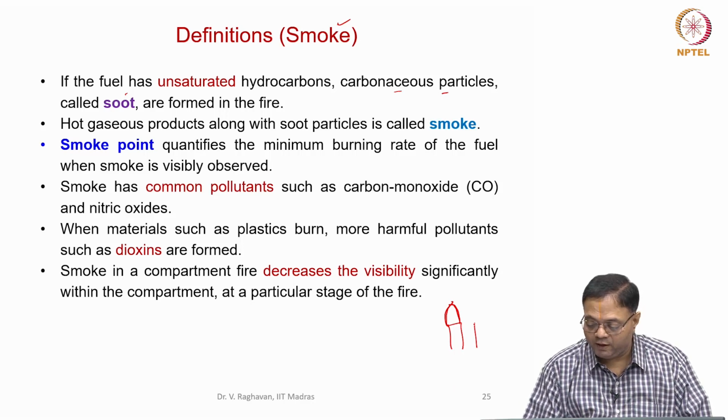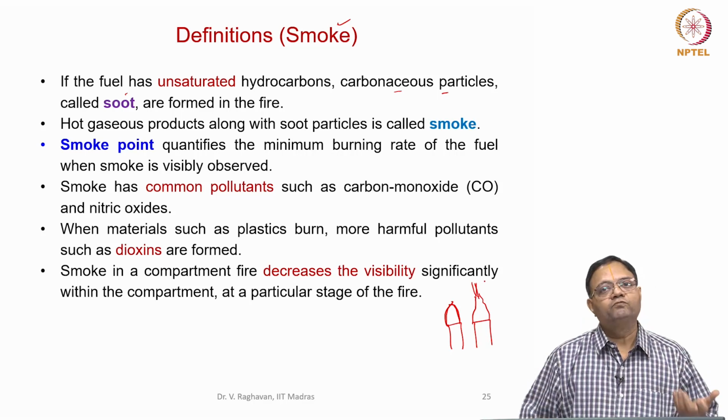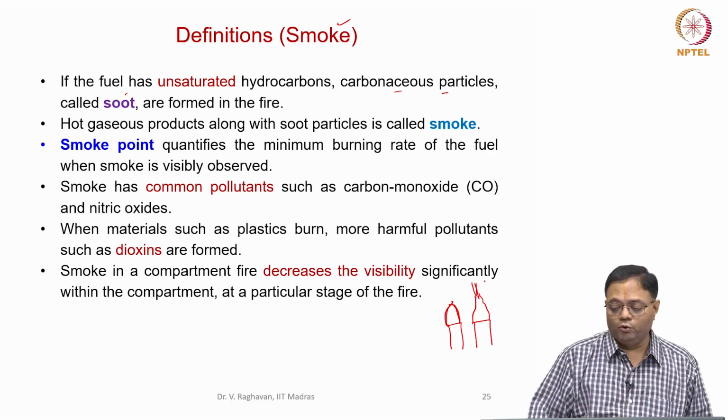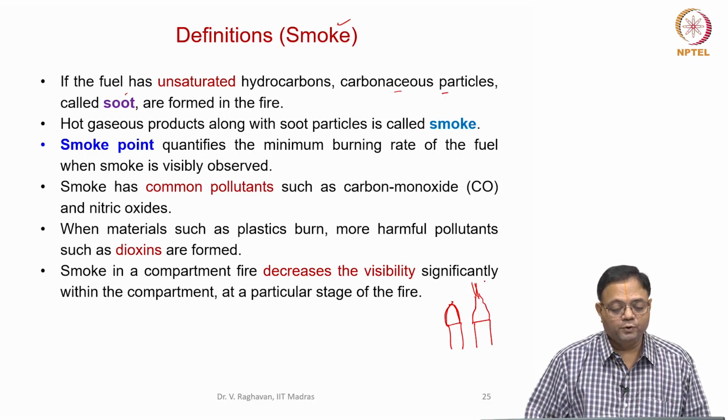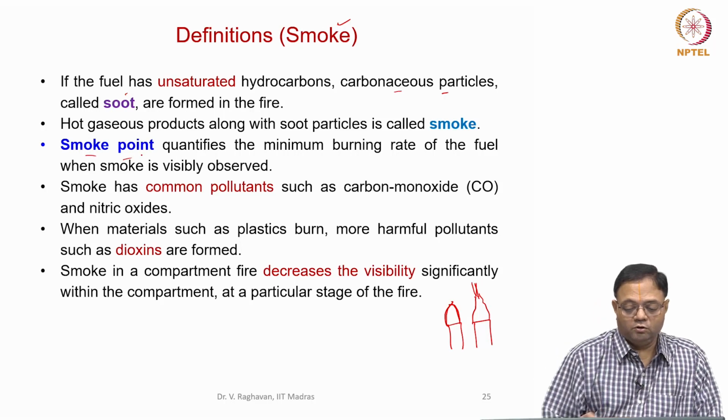But if you increase the flow rate to a critical value, then the tip of the flame opens and the smoke comes out. That means the soot particles will come out without being oxidized. So, the minimum flow rate at which you can see visible smoke is called the smoke point.